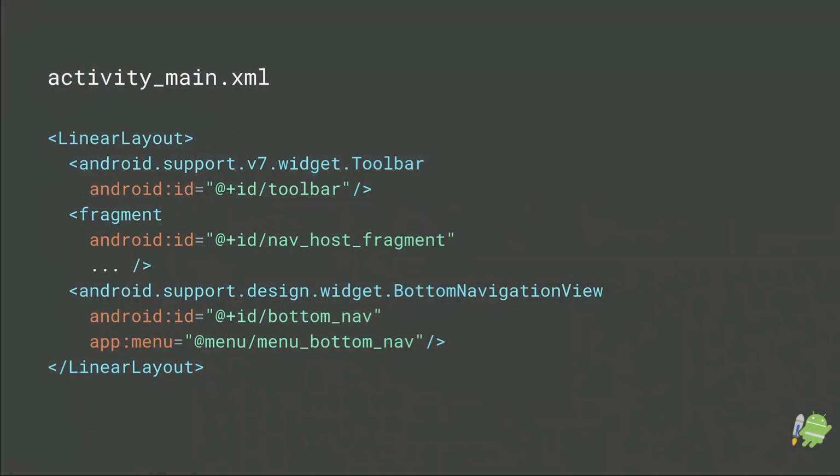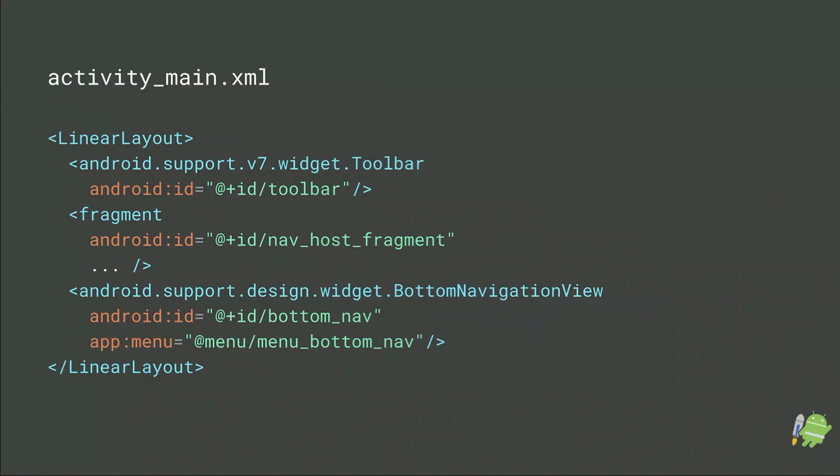So what does this look like? If we, again, make our activity a little bit more complicated, we'll add a toolbar on the top, and then we'll add a bottom navigation view. And in this case, we still have the same kind of app menu that you had before on a bottom navigation view. But to hook those things up, it takes 2 parts.